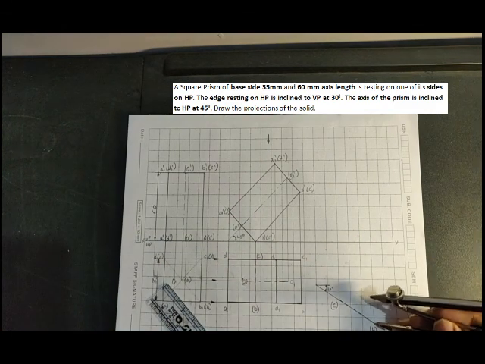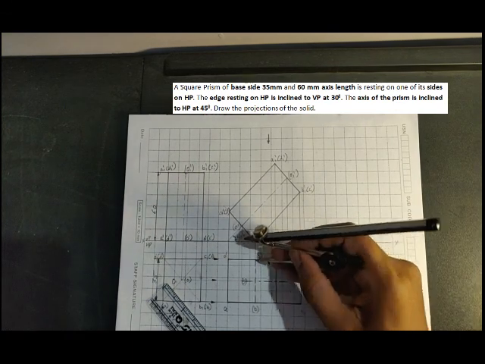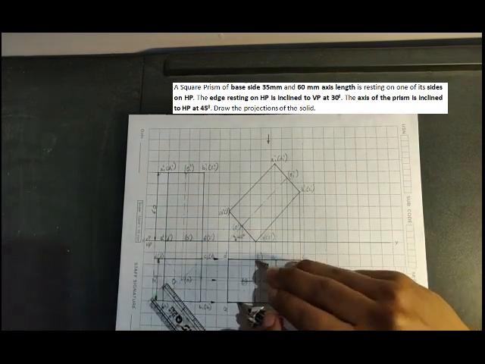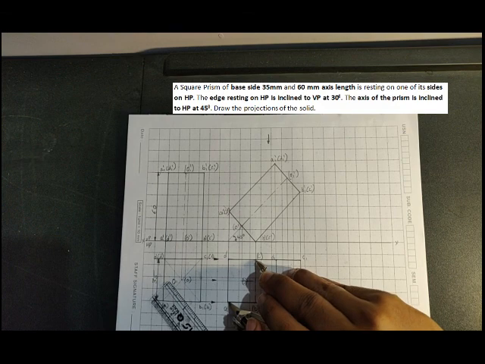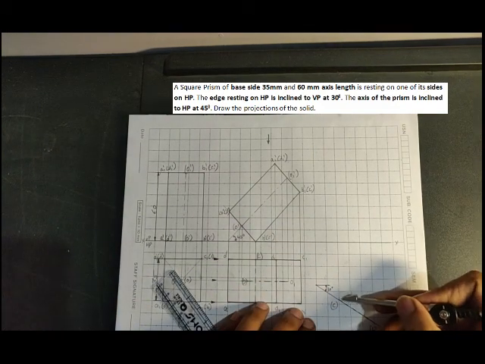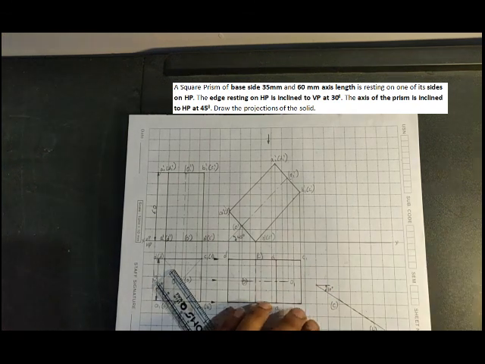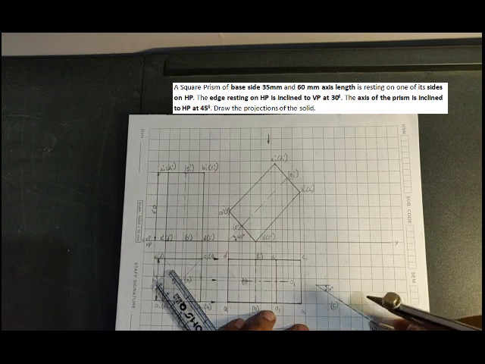So I'll place B to A. I'm going to draw an arc. The arc should be very, very thin. So I'll find out C to A. So I need to extend this now.